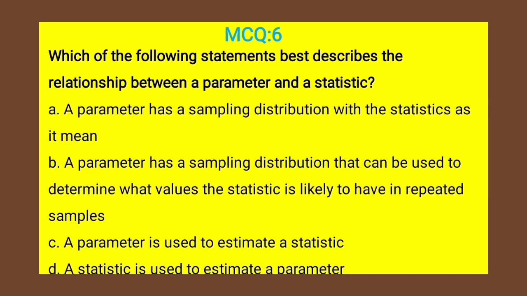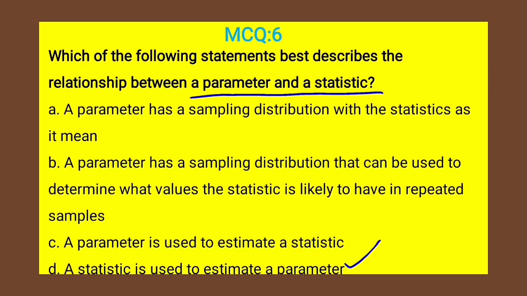So here the relation that exists between a parameter and a statistic is that statistics will be used to estimate the population or make an inference. More like a sample can be used to estimate the population. Is that okay? So that is the whole debate.